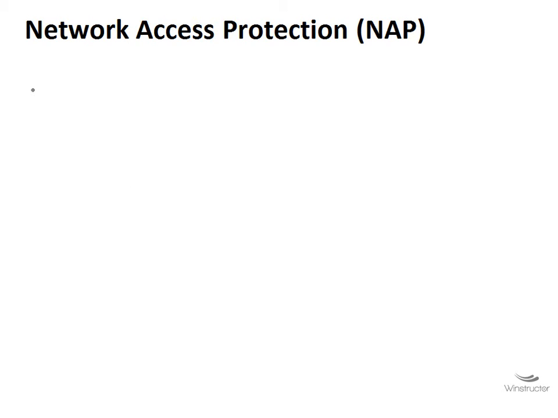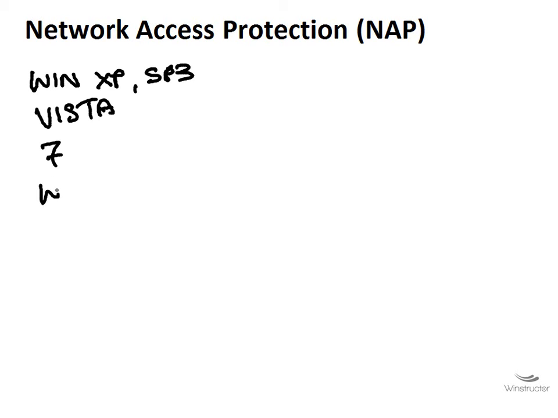Okay, so in order to be able to take advantage of this NAP, this Network Access Protection feature, your operating systems must be running Windows XP with Service Pack 3, or a newer operating system like Windows Vista, Windows 7, and of course Windows Server 2008.